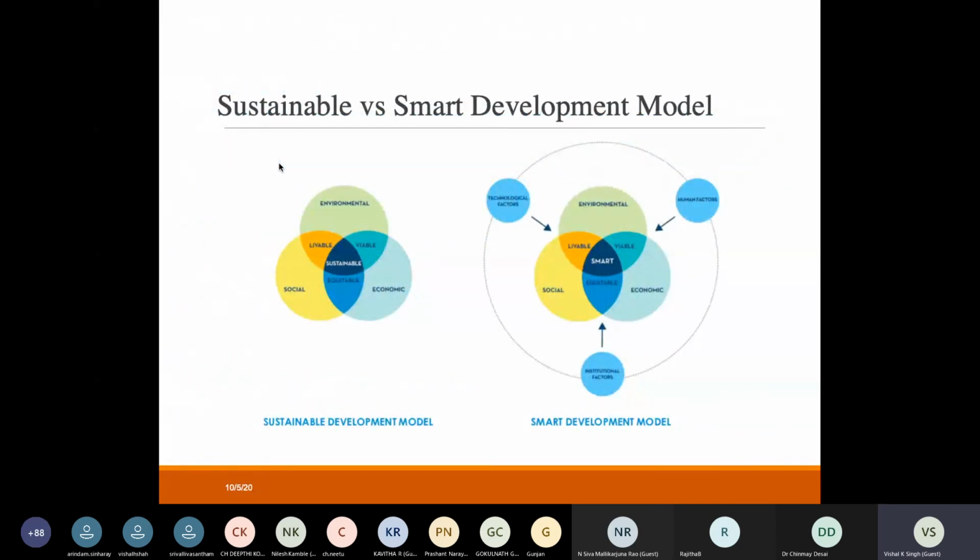By utilizing information and communication technology, the traditional sustainable model can be easily modified to a smart development model. I hope you can see the figure here. This is the sustainable development model which we might have seen in various applications and studies.